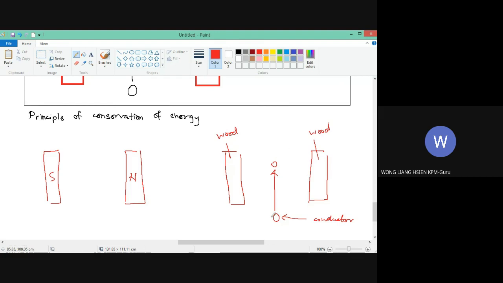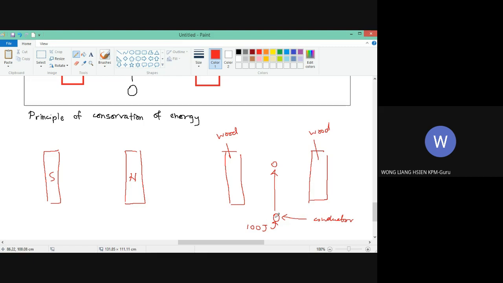Now, let's say that we push the conductor through the wood. Let's say the amount of energy that we give is 100 joule. We give 100 joule to this conductor, and the conductor passes through the wood. We are not going to calculate exactly, just an example.